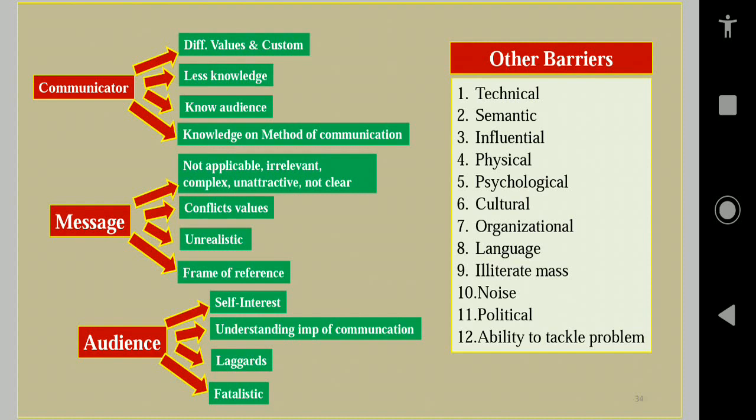Wrong selection of channel also acts as a hindrance in effective communication. All channels are not equally suitable for all purposes and in all situations. For example, mass media are useful to create awareness, whereas newspapers are suitable for educated urban people only.